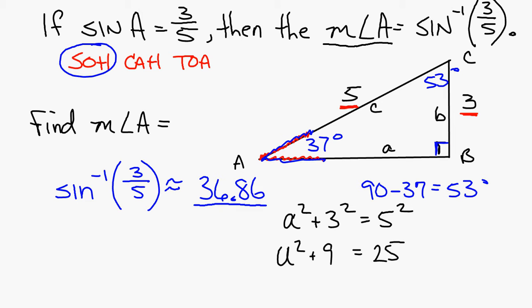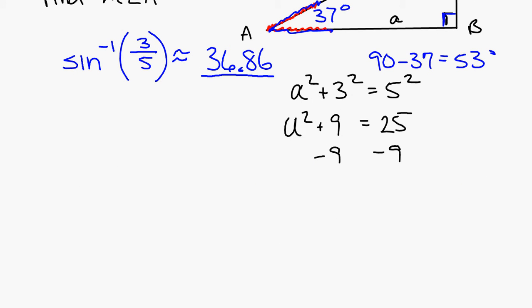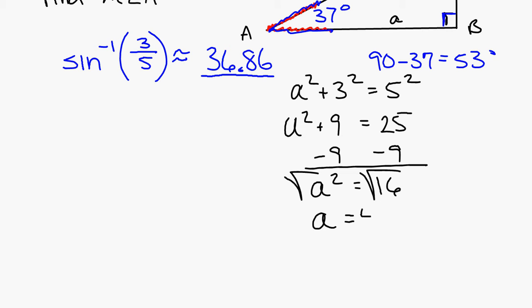And you can subtract 9 from each side. A squared equals 16, and take the square root of each side. So your A, or your third side of this triangle, is equal to 4.